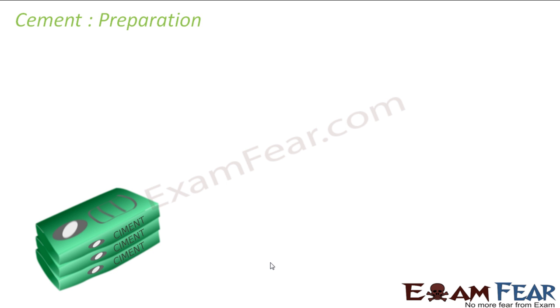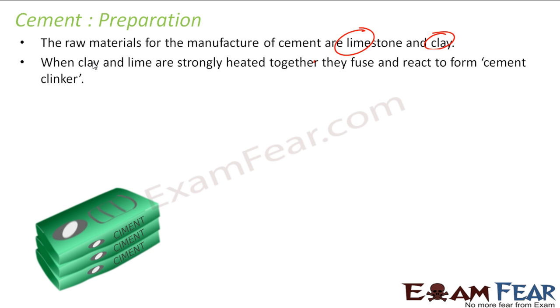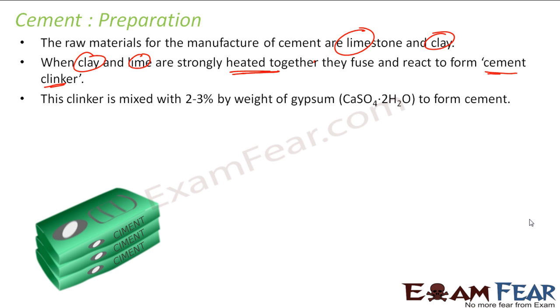We'll see how to prepare cement. The raw materials used for cement manufacture are limestone and clay. They are the main raw materials used for preparation of cement. When this limestone and clay are heated together, they form cement clinkers. Once I have the cement clinker, it is mixed with 2 to 3% by weight of gypsum.